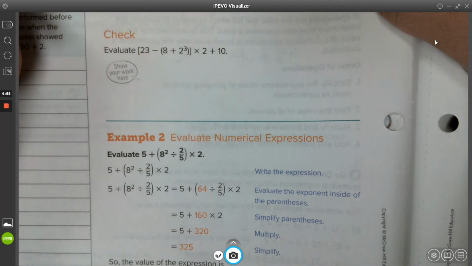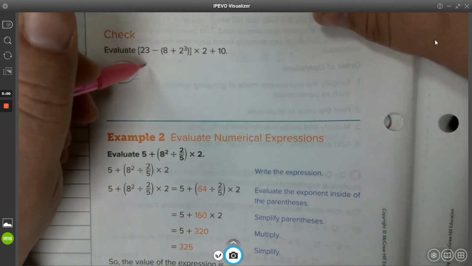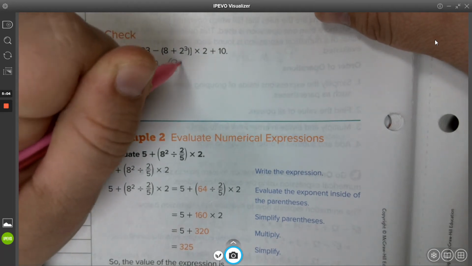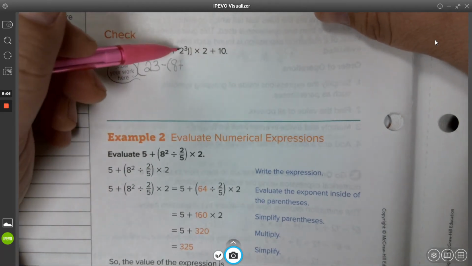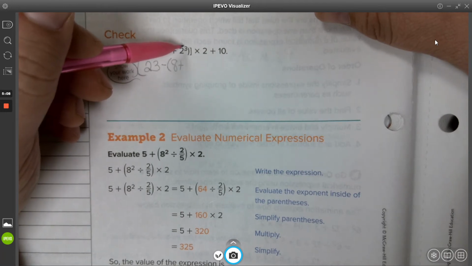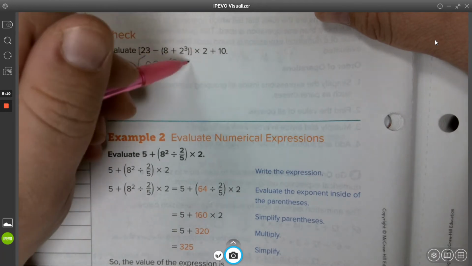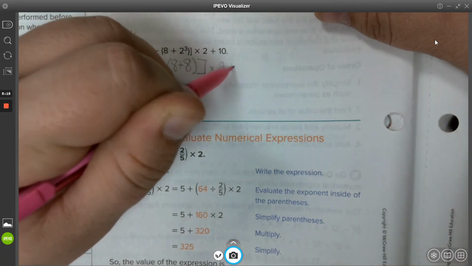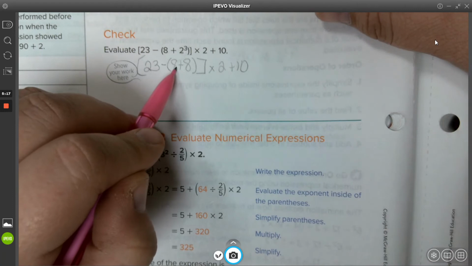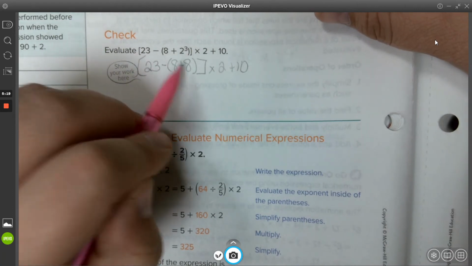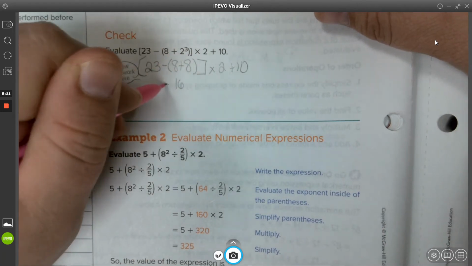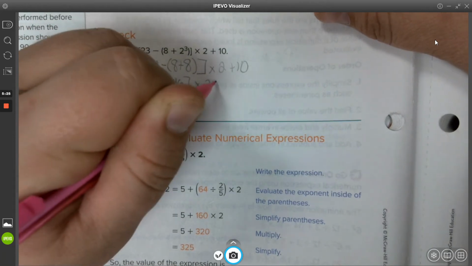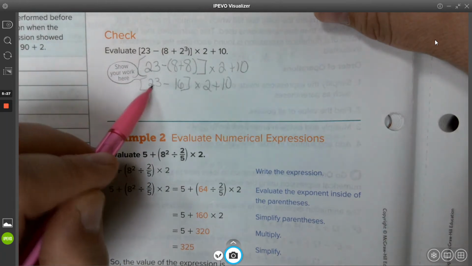All right, so as we're solving this problem, 23 minus 8 plus, well, we're going to do 2 to the third power first. 2 times 2 is 4, times 2 is 8. So 8 plus 8 times 2 plus 10. Now we're going to do what's in this most inner bracket. 8 plus 8 is 16. So now we have 23 minus 16.